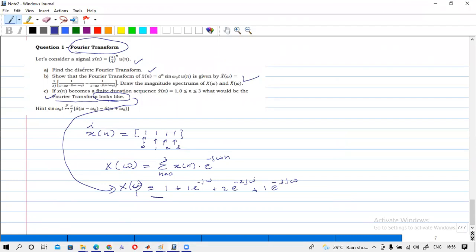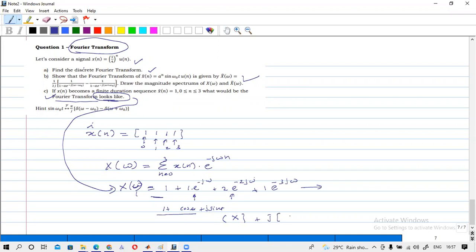But if you are going to plot manually, first you change these terms using the Euler formula to Cartesian form. Then I add all the real parts, and I add all the imaginary parts.